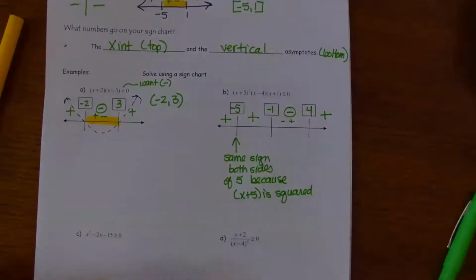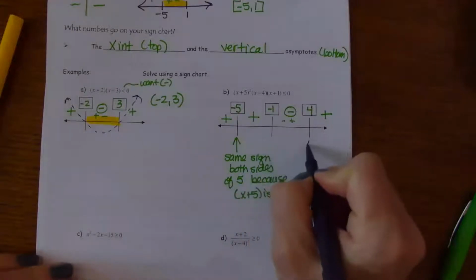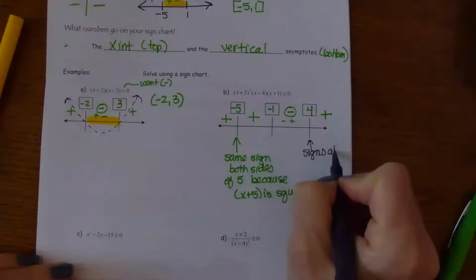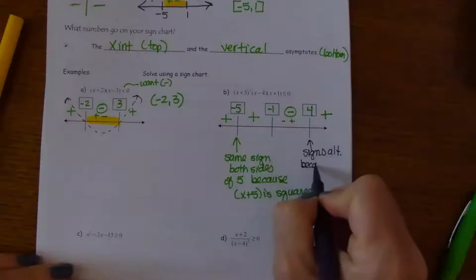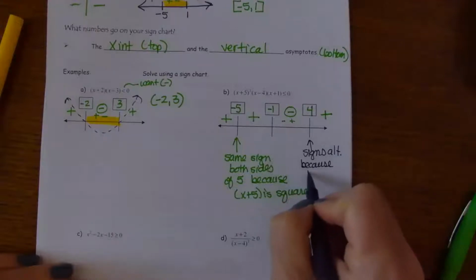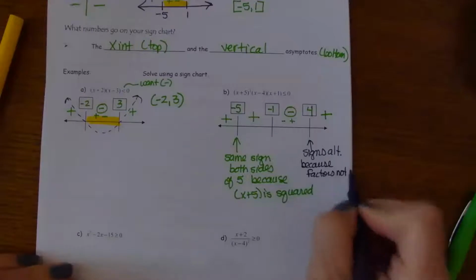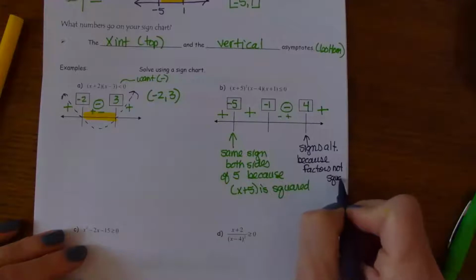I think we should even put another note here. Signs alternate because the factor is not squared. It's actually raised to an odd power, but I'm going to put not squared because that's what we're usually dealing with.